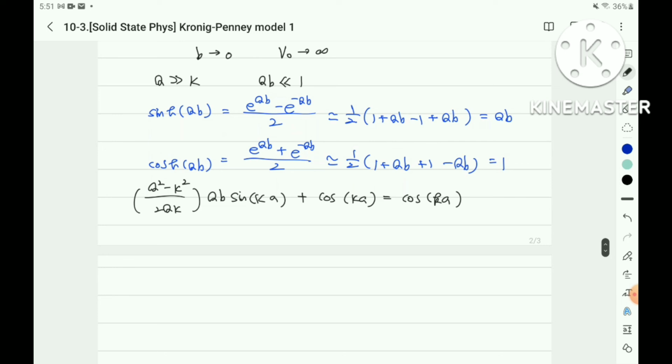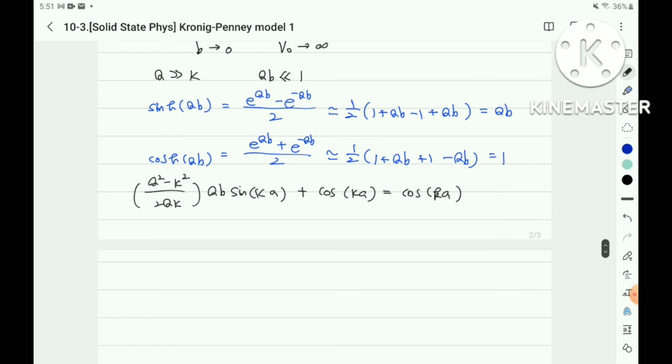And because capital Q is very high compared with capital K, it can be written as Q cancels with each other, and we get Q squared b over 2K, times sin Ka, plus cos Ka, equal to cos ka.